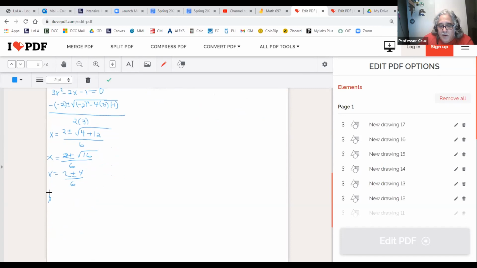In other words, you can divide 2 out of all 3 of those, but see, if you take 2 out of all 3 of these, you would have 1 plus or minus 2 over 3, and it's going to simplify for you, but you still have to simplify at some point. So there's one of them.